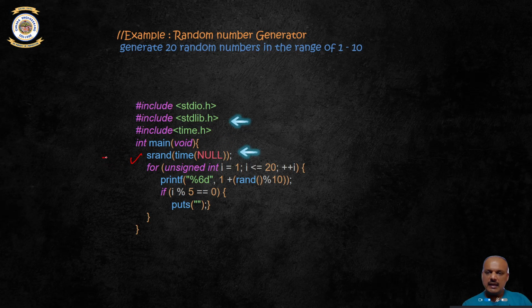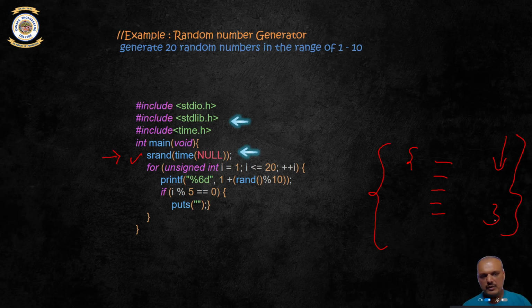This line is not mandatory, but what happens if you do not include it is that every time you run this piece of code, you get the same set of 20 numbers. This might sound a little odd because random numbers should be truly random.